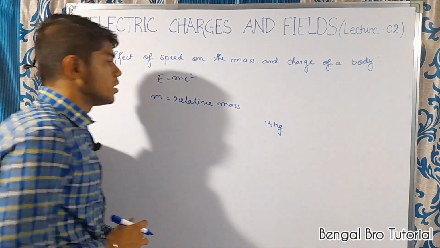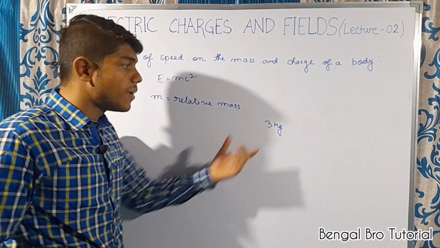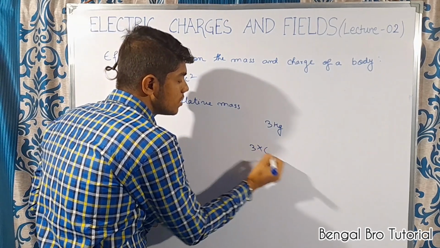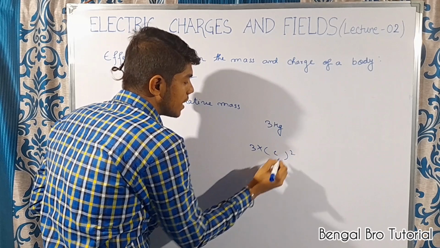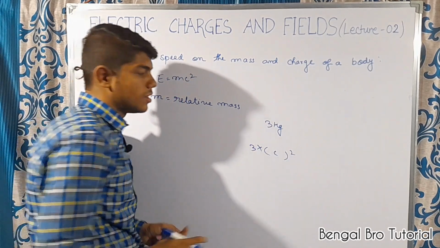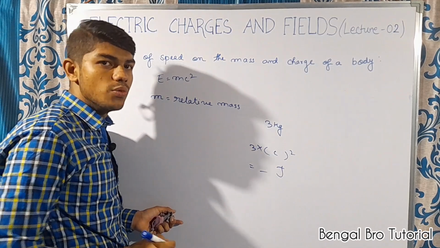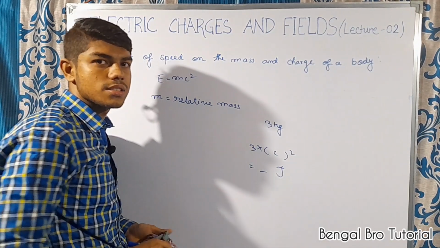Now if you want to calculate the energy equivalent to this mass, then you have to multiply 3 with the square of the speed of light, and then write the final answer in joule. You will get the energy equivalent to this mass.